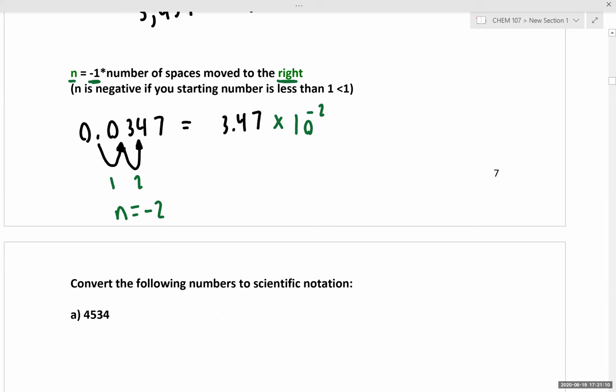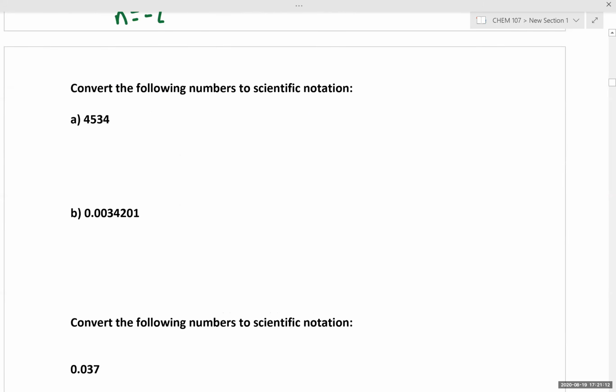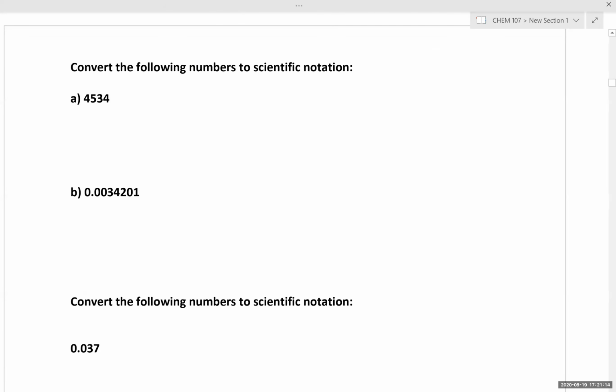Okay, so let's keep going now. And let's do some examples. I'll do the first two, you'll do the second two. So we're asked to convert the following numbers to scientific notation. So we have 4,534. I don't like my commas to ever be present in my number, so I'm going to get rid of the comma. I'm going to put a decimal point at the end.